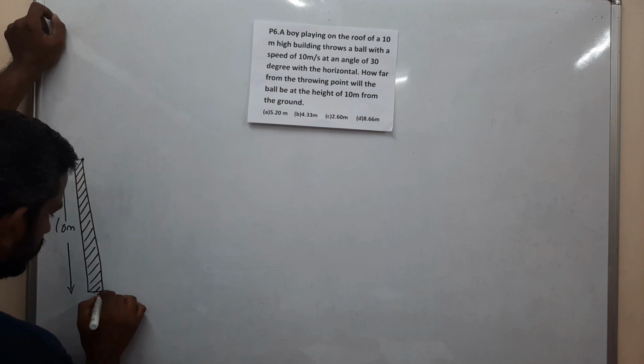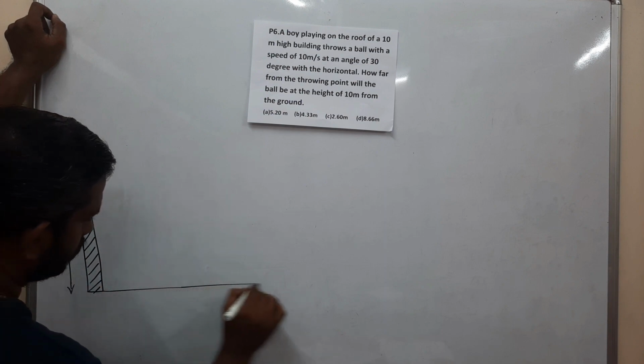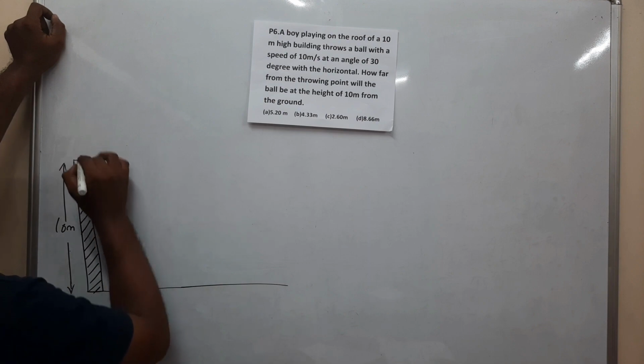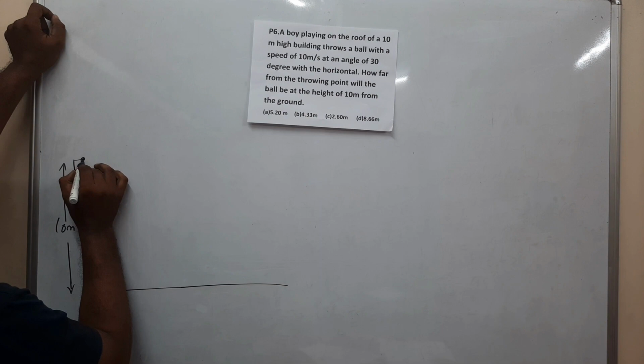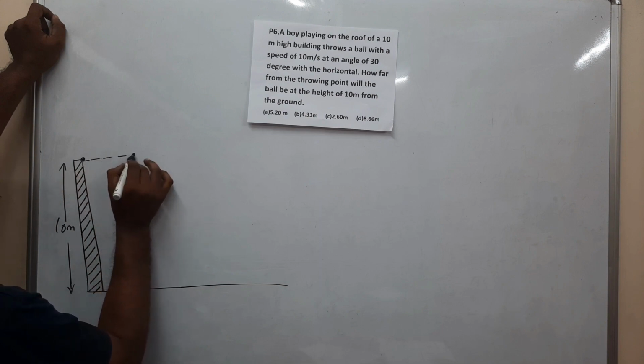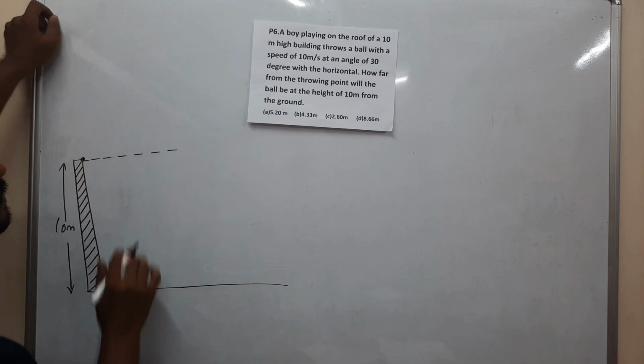So this is the ground level. This is the ball. This is the horizontal.